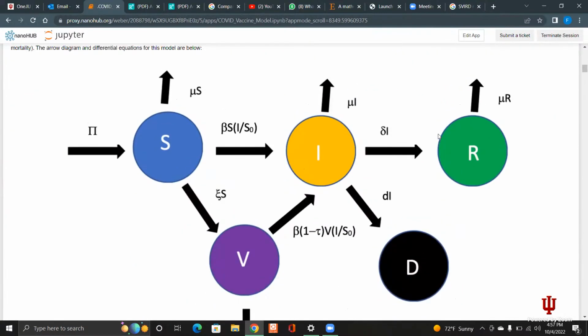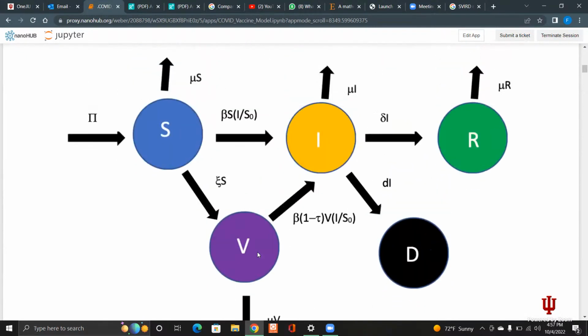So here's the model. A susceptible person can either get infected or can get vaccinated. After getting vaccinated, they can either get recovered or they can get infected again. And the infected person can either get recovered or die.